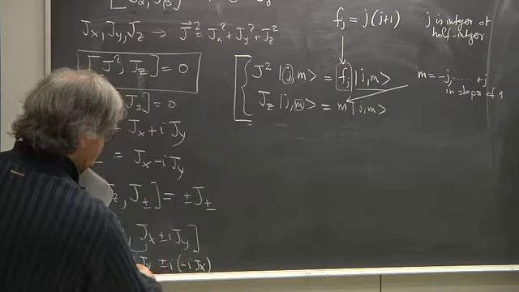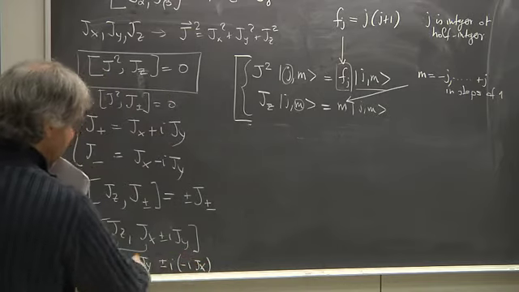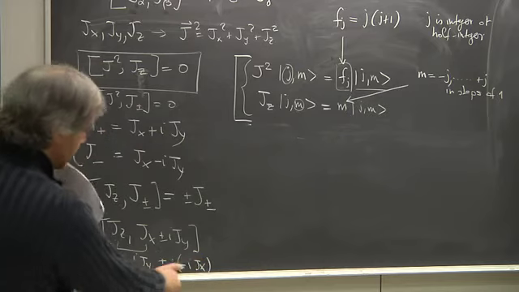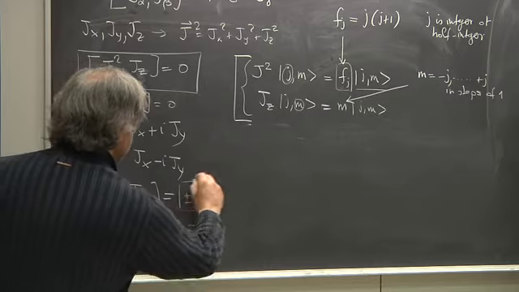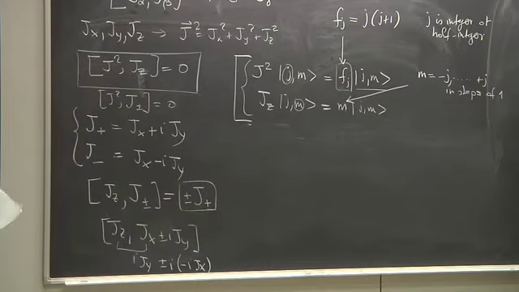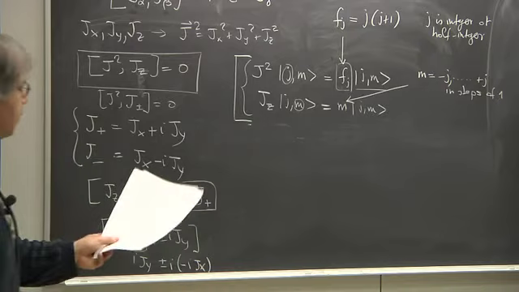Okay? So you see you have a combination of jx and jy, and if you do the right algebra with all these i's around and plus and minus, you will get this. Okay? Try to do it. Very simple.